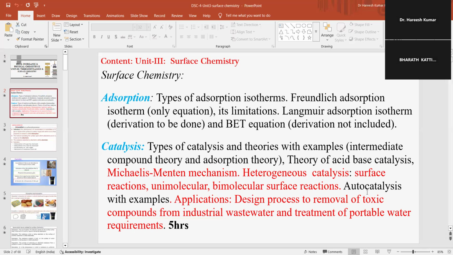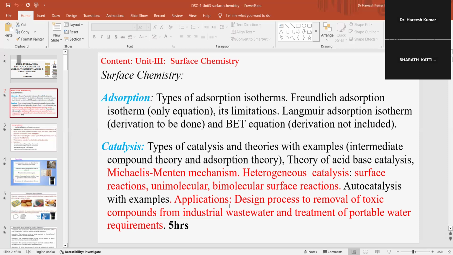We will also discuss about what are unimolecular and its mechanism, bimolecular surface reactions and its mechanism, autocatalysis. So autocatalysis means here catalyst is not used, but one of the intermediate will act as a catalyst. Such type of reactions are called autocatalysis reactions.